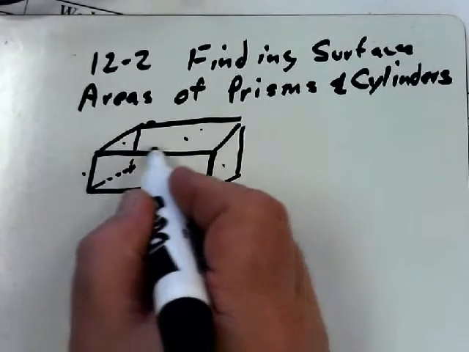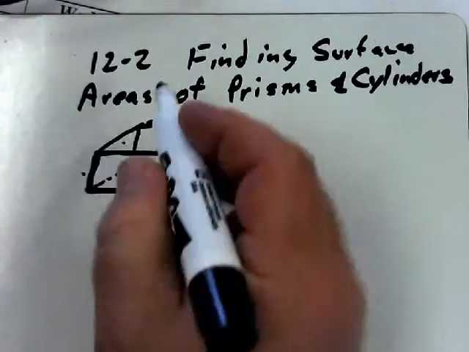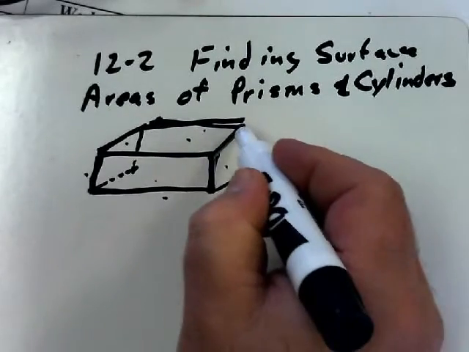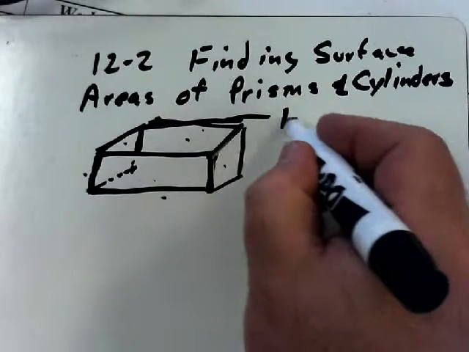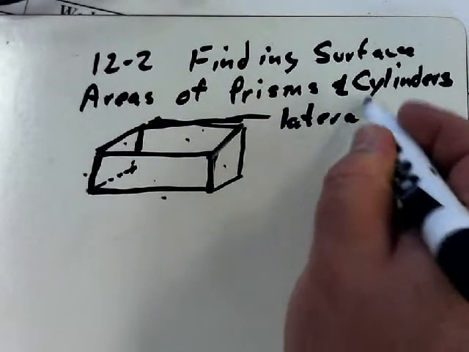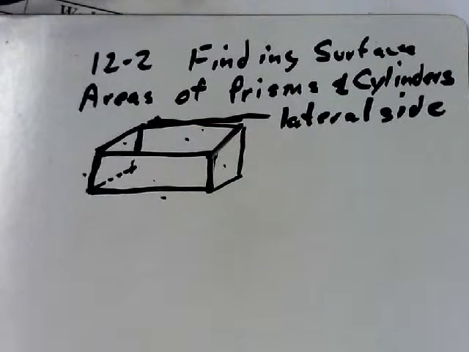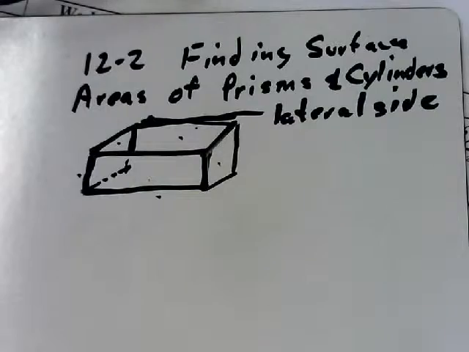Each one of these sides, such as this, that I'm going over in black again, is called a lateral side. So it's not the one on the other side? Nope.